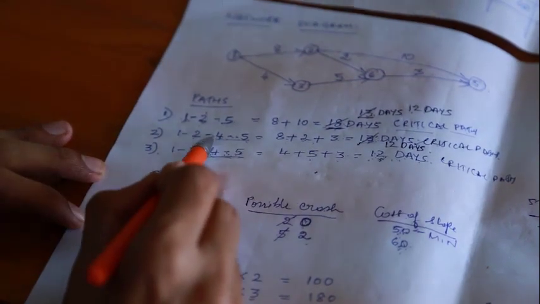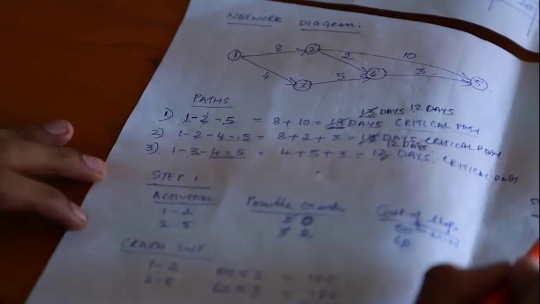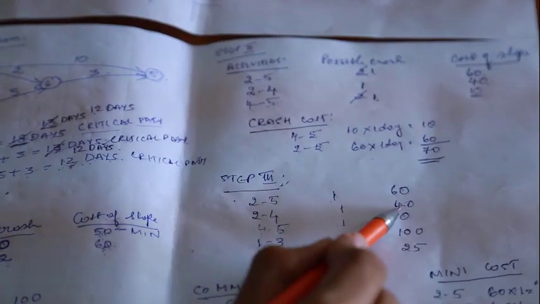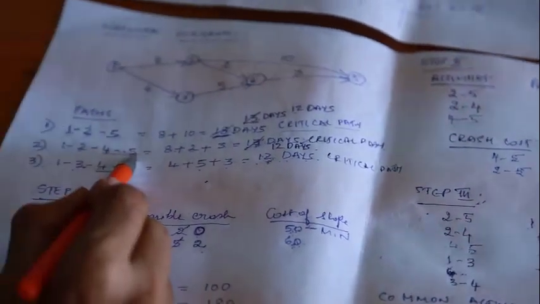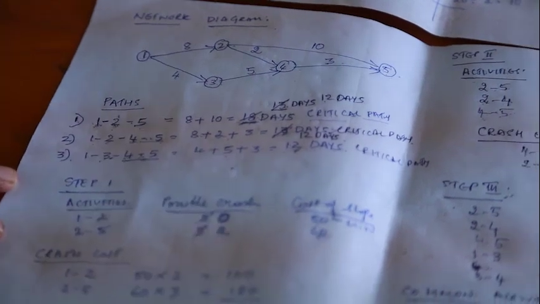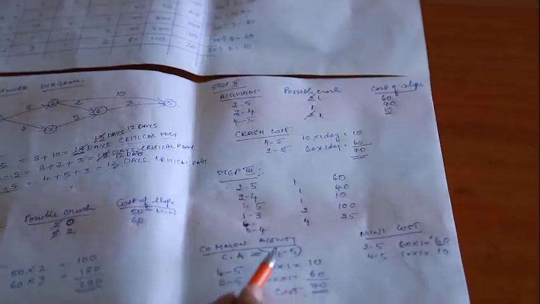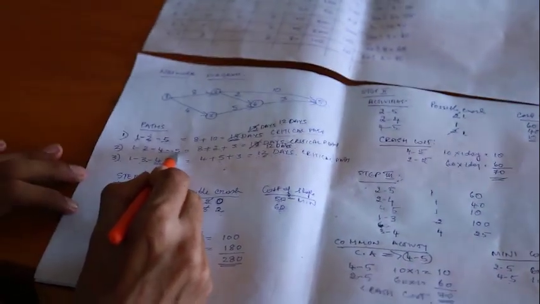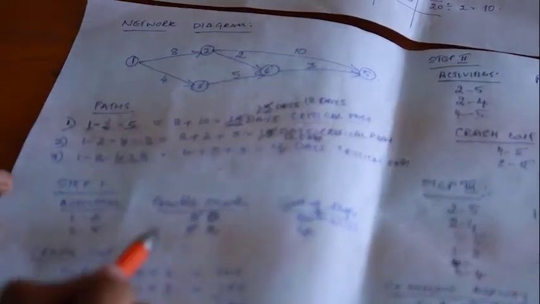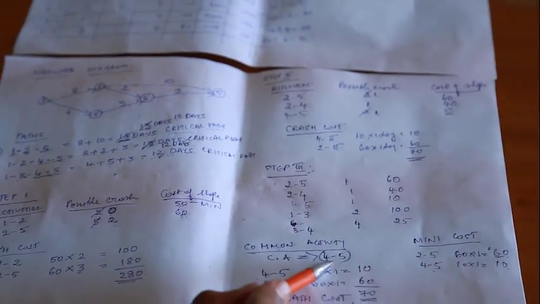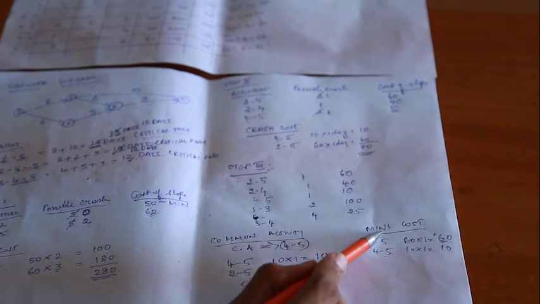Next is 2 to 4, which has got 40 rupees. 4 to 5 cannot be taken because it is already taken as a common activity, since we are now trying the minimum cost method.